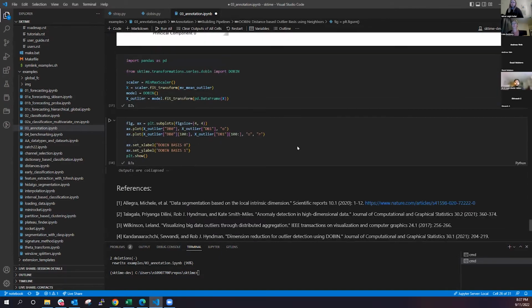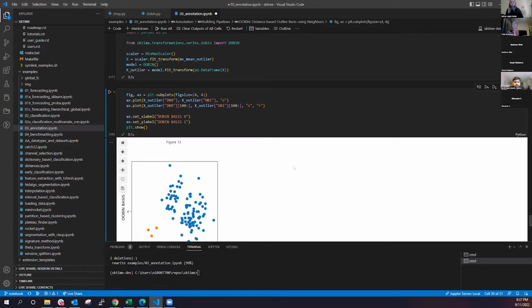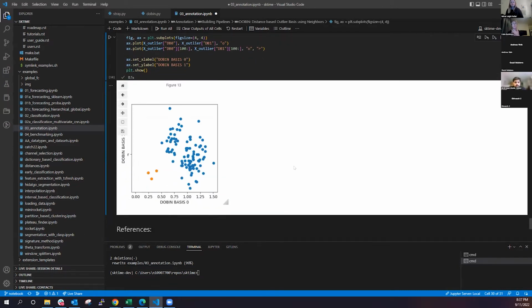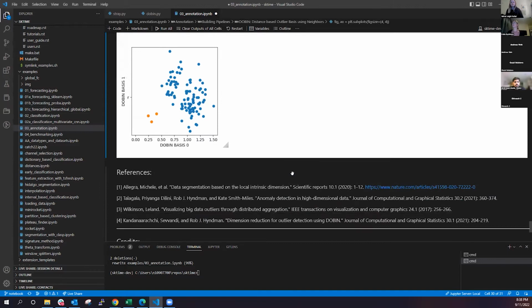And so these are the results of Dobin when we find our basis vectors and map them in a similar way to PCA, we maintain the outlierness, which is pretty cool.